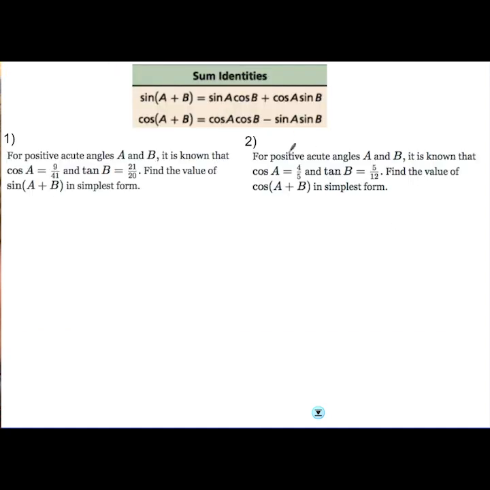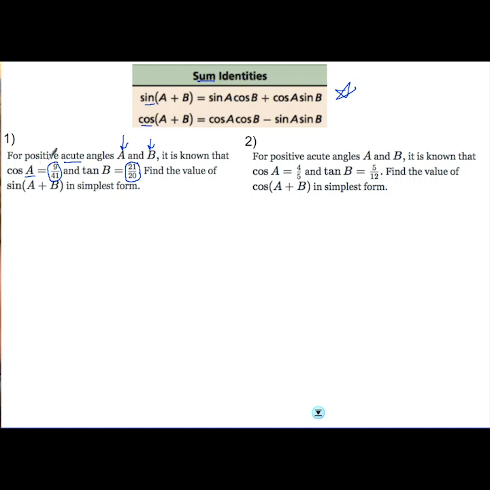So I have two examples here, and these two examples revolve around using the sum identity, one for sine and one for cosine. Capital A and capital B are angle measurements, so there's some rotation. For positive acute angles A and B, acute being less than 90, it's known that the cosine of A is 9 over 41, and the tangent of B is 21 over 20.